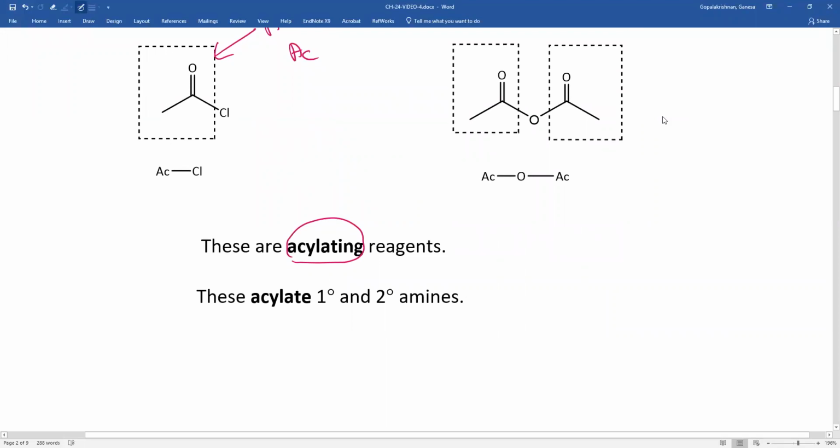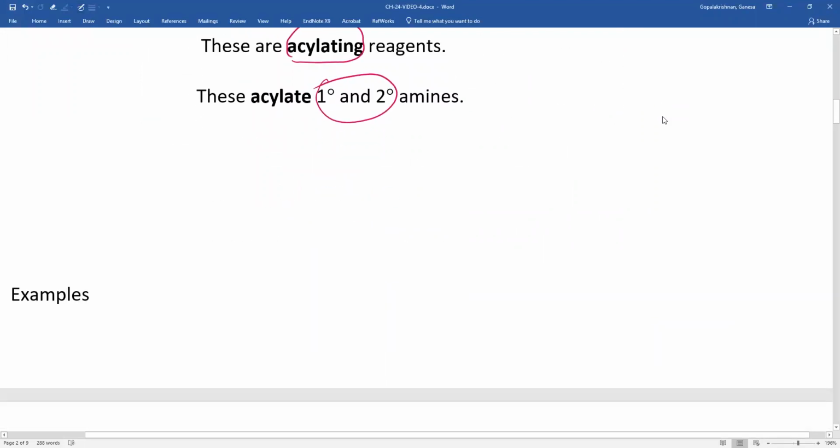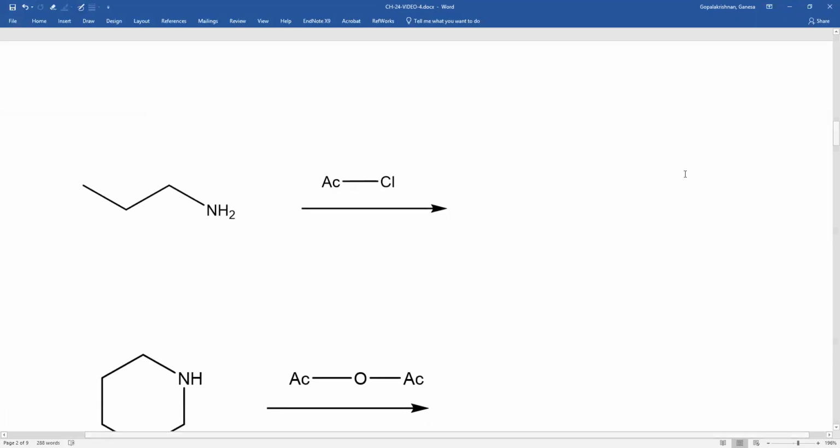But they acylate primary and secondary amines. You have examples here. This is a primary amine. You can treat it with acid chloride or anhydride, any one of them. A hydrogen and this leaving group go away, and this forms an Ac group.